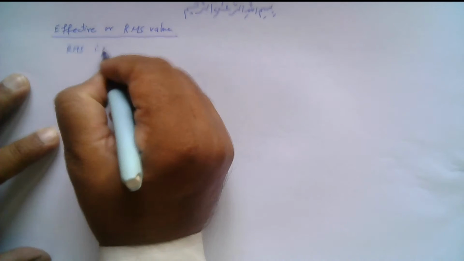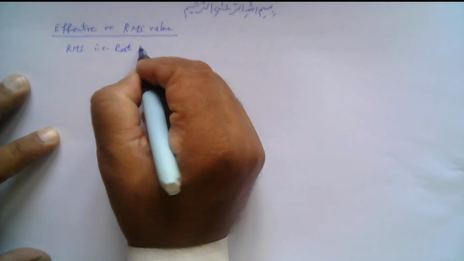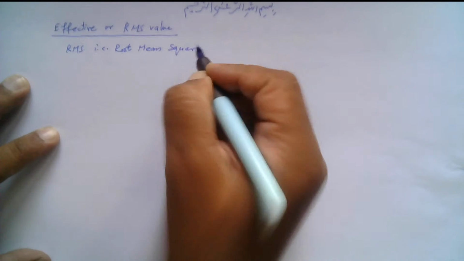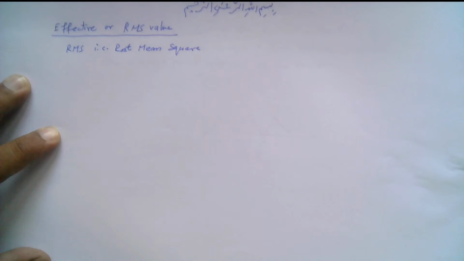The effective or RMS value of a periodic current is the equivalent value of DC current that delivers the same amount of average power to a resistor as the periodic current.